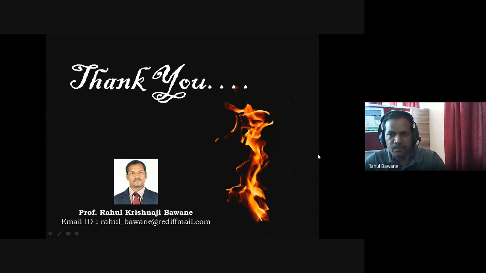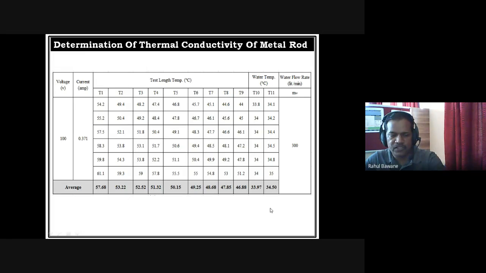Remember, in the first slide it is showing that for pure copper the thermal conductivity is 390 watt per meter Kelvin. But the same value will not be shown in our experimental setup because it is conducted under non-standard conditions. Secondly, for that copper rod, we don't know the exact purity.